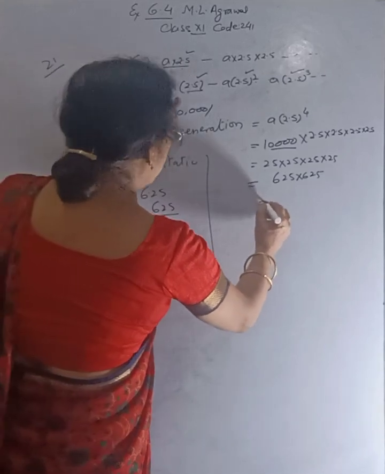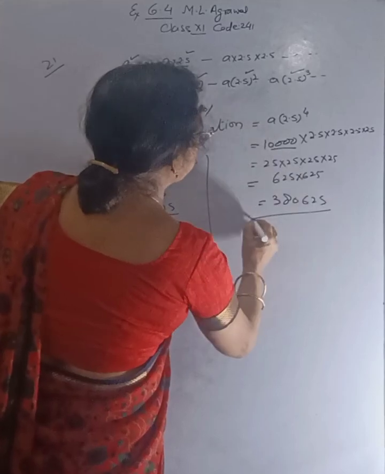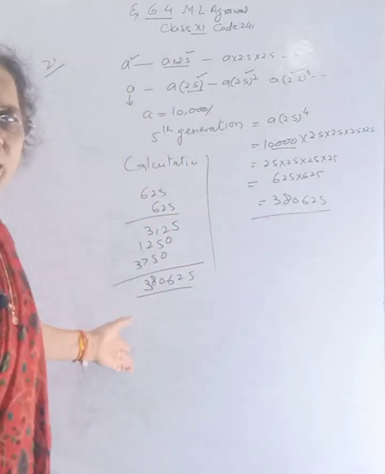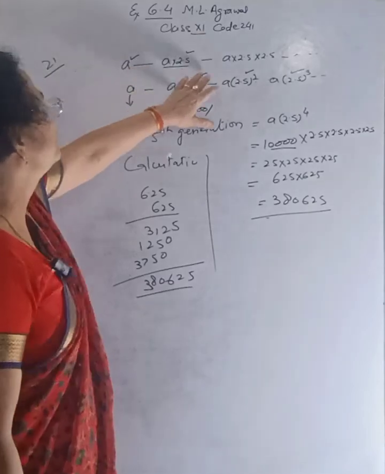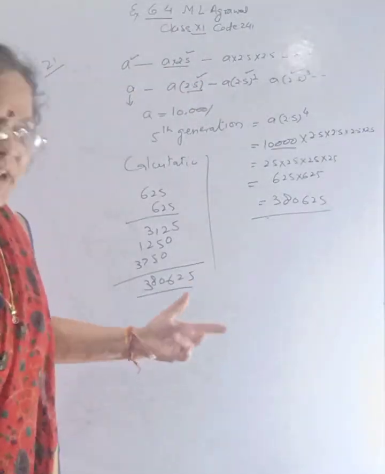This will be the net amount of the insects for the fifth generation. This will be the answer. This was very simple. Simply you have to make the equations. Okay? So I think it will be very easy for you.